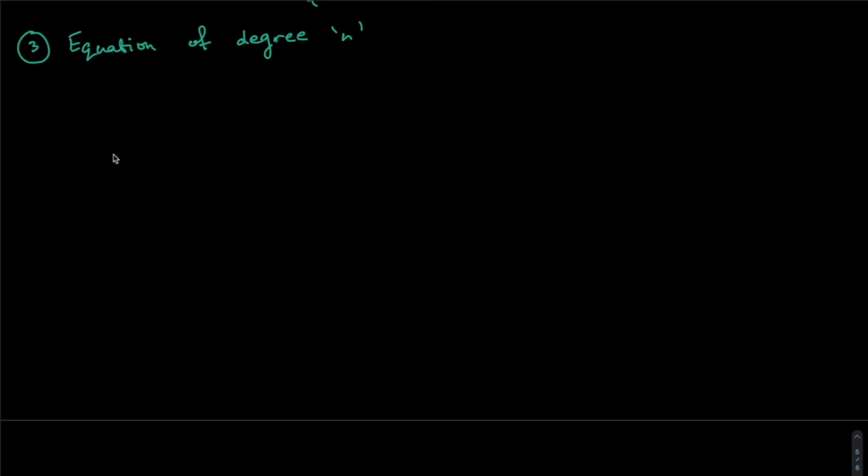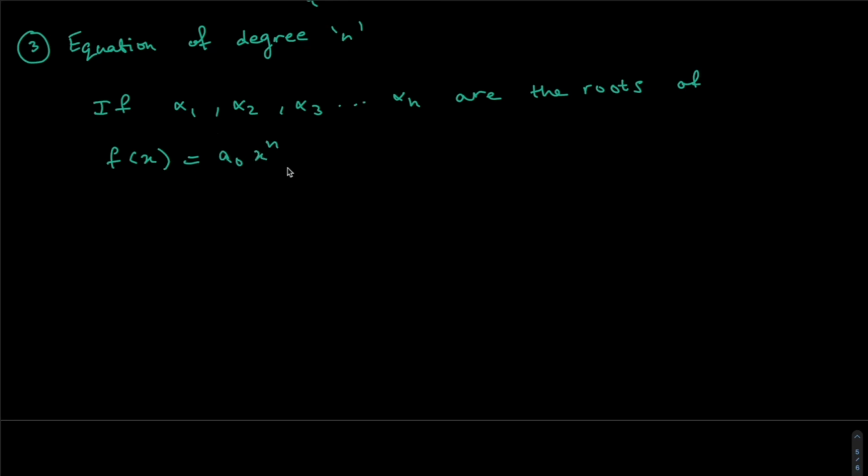Basically, if alpha 1, alpha 2, alpha 3, all the way up to alpha n are the roots of a polynomial, maybe we have something like f of x is equal to a naught x to the power n plus a1 x to the power n minus 1, and so on and so forth till an is equal to 0. A general form of this.